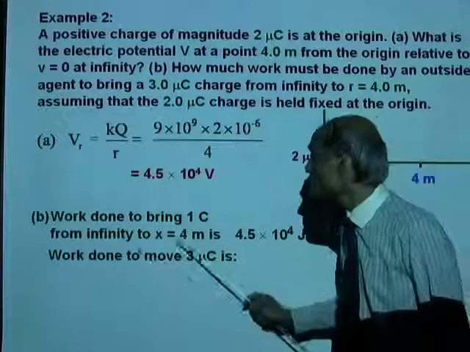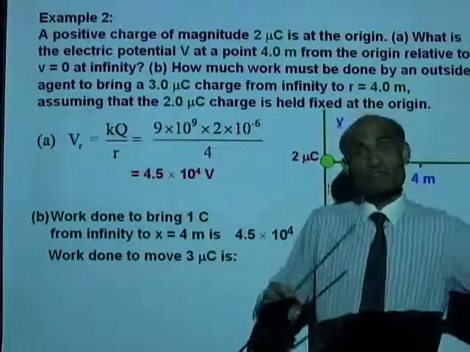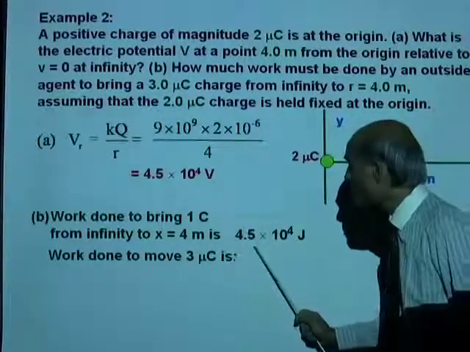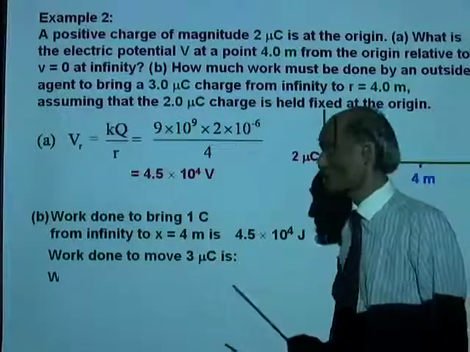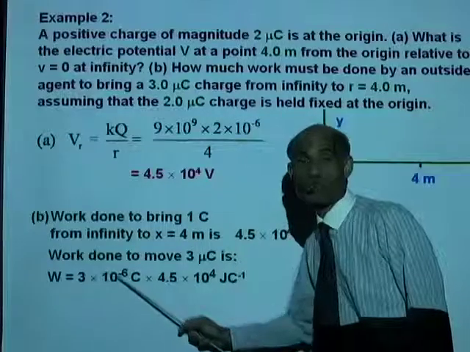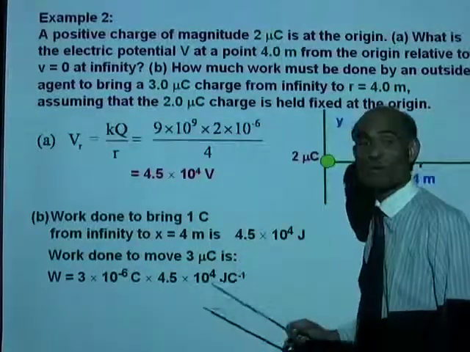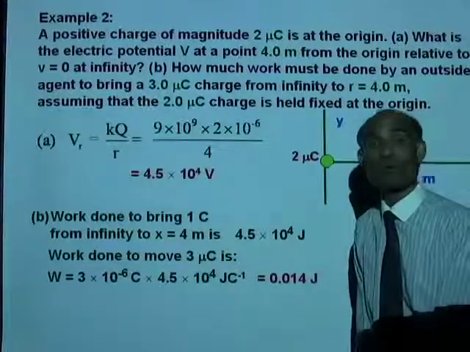Therefore, work done to move 3 microcoulomb from infinity to x equal to 4 will be work done per unit charge multiplied by the amount of charge. So that will be the amount of charge, 3 microcoulomb, multiplied by work done per unit charge. That is 0.14 joules.